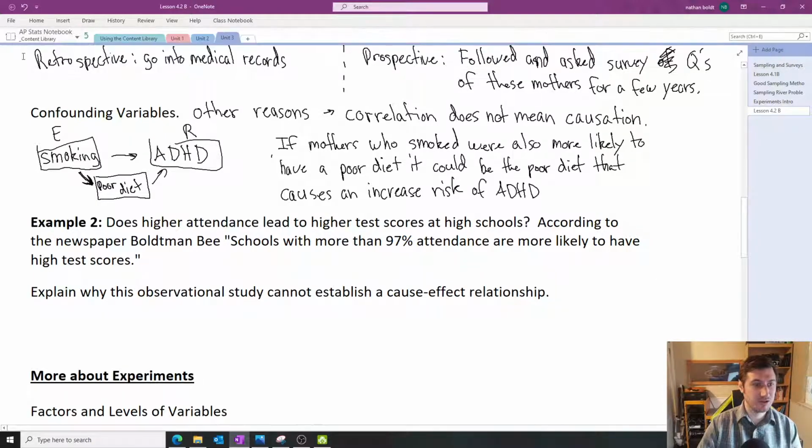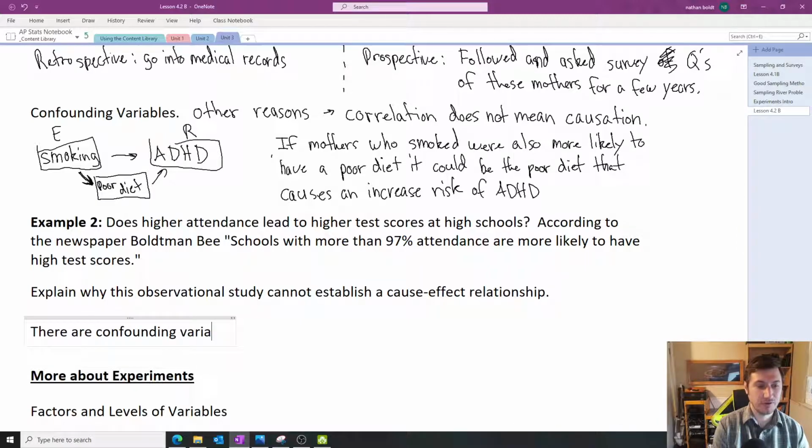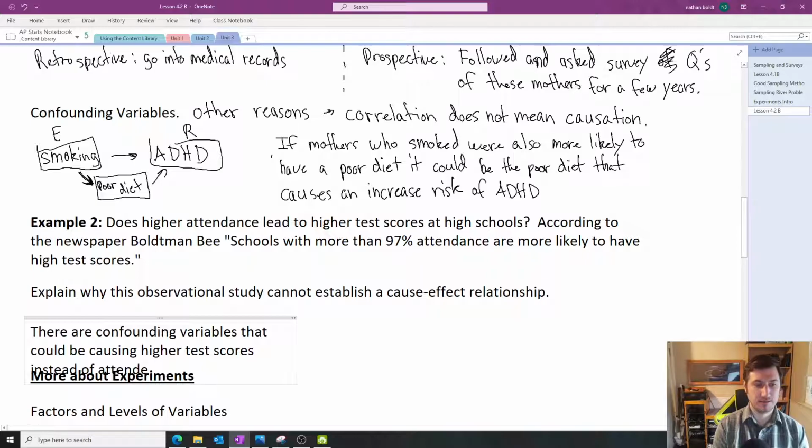All right, there's many reasons why this cannot necessarily be a causal relationship. There's just too many confounding variables. So you could say something like, there are confounding variables that could be causing higher test scores instead of attendance. Now, that's not enough.